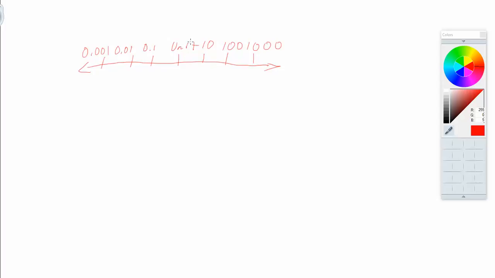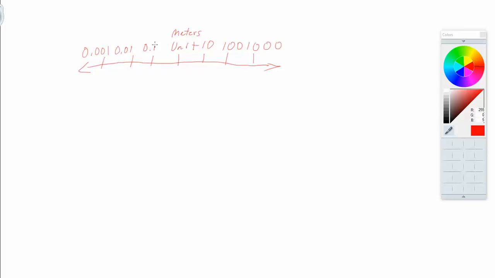And so I'll show you how to write this out, and let's just go with meters. So you're going to have meters as your root, and then you're going to have prefixes for each one of these.